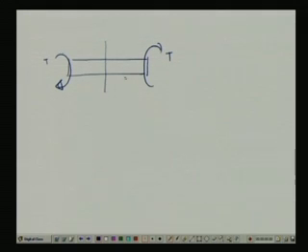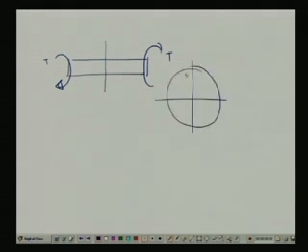If we consider this particular situation as a simple tension, then what we have seen is that the Mohr circle comes out like this in a pure shear.